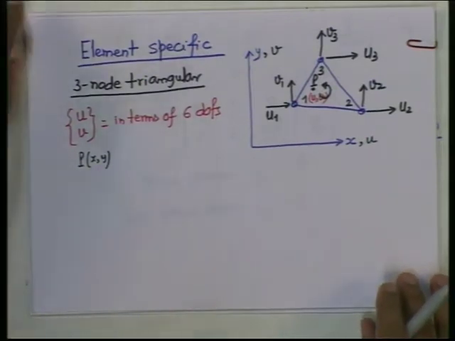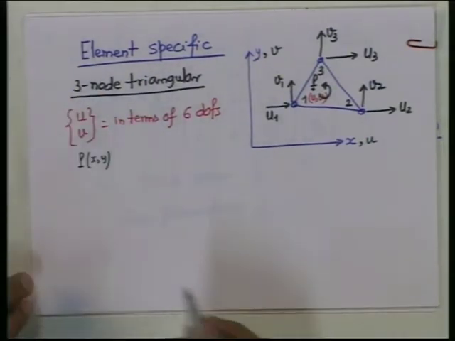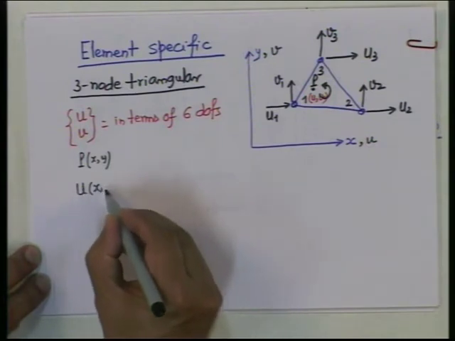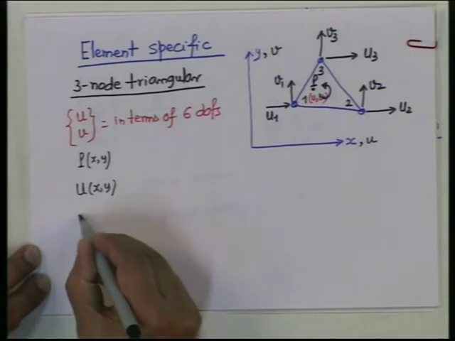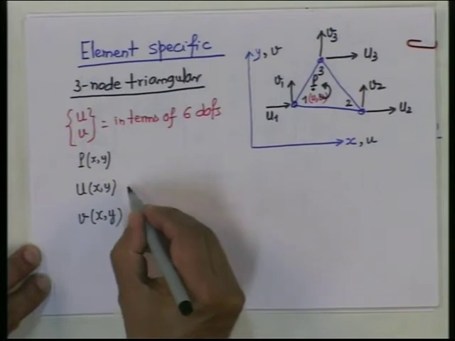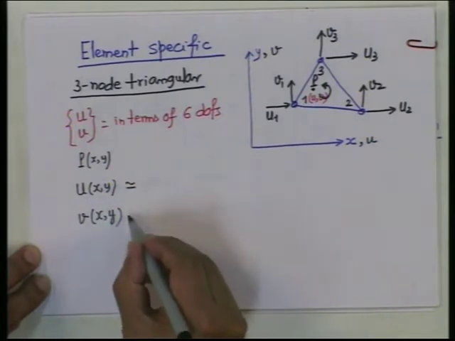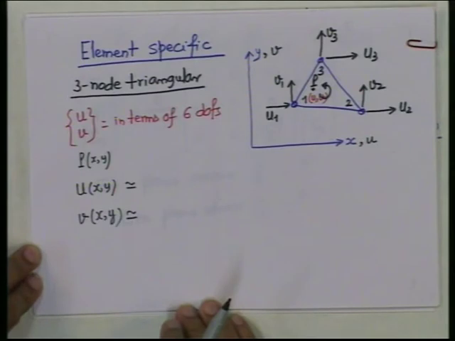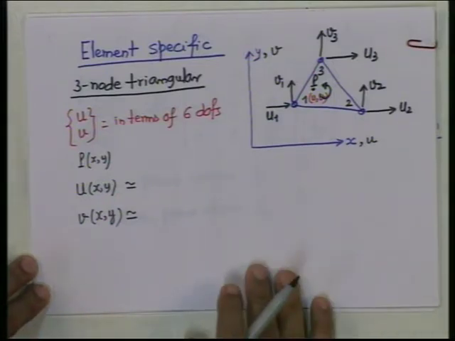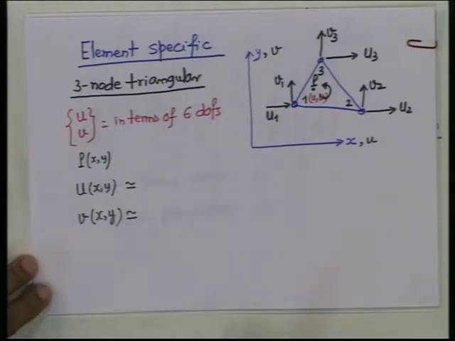Now, how can we express u and v of point P? Discretization enters here itself, because we are expressing this in terms of only three nodal quantities. It has to be a two-dimensional function.